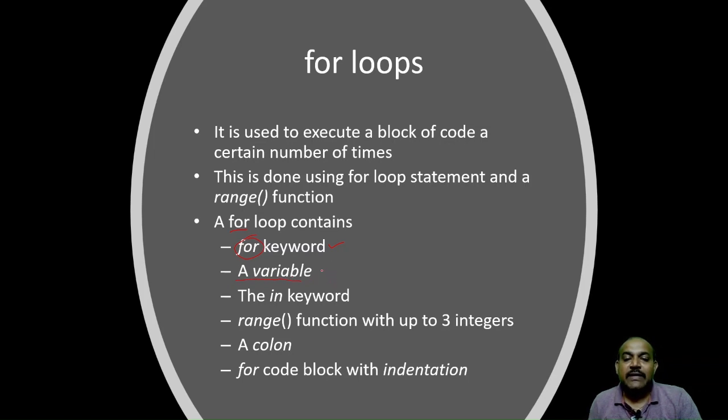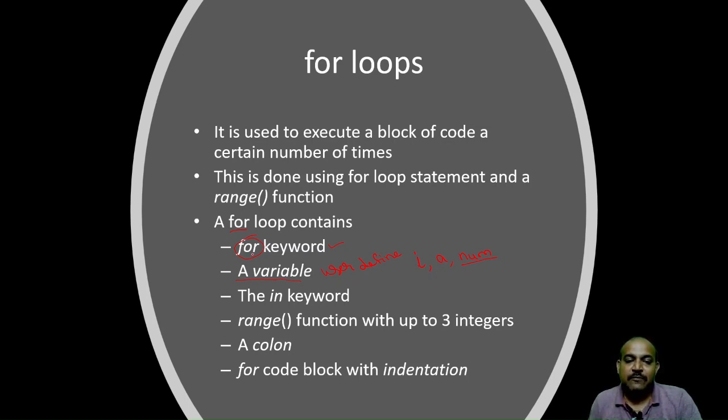The variable is user defined, so you can take any variable name which you wish to, for example a, or num. The only thing is, you should follow the rules for defining a variable name, which I have covered in the other sessions.